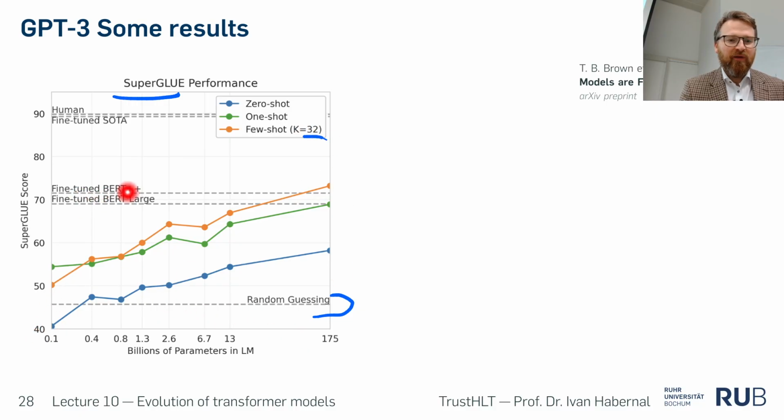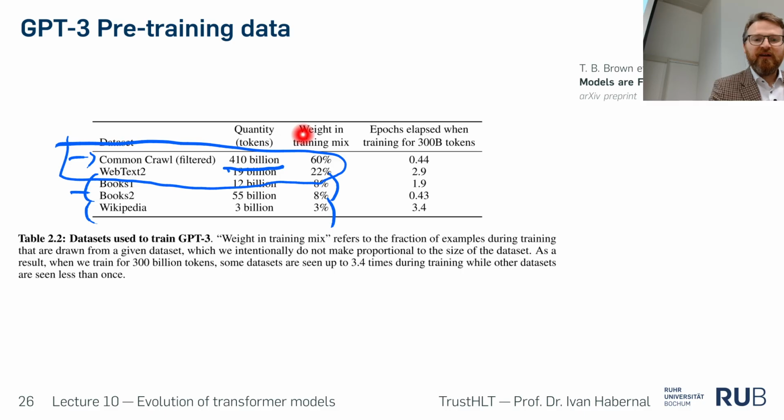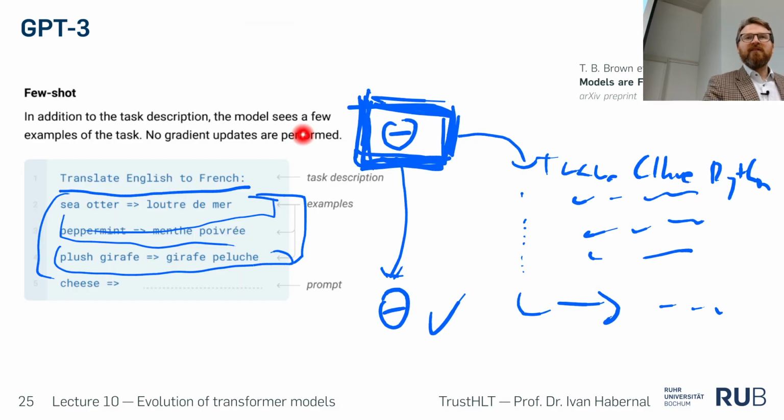Comparing to fine-tuned BERT-large, with few-shot learning you're surpassing it with the biggest model. On this task they didn't measure the performance of the state-of-the-art fine-tuned model, but still, it's really interesting that this thing can, without a parameter update, learn the task.